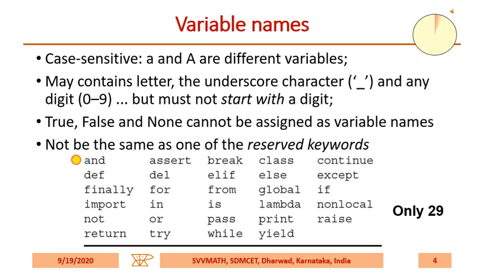Just pause the video and read these 29 reserved keywords. You cannot use these as variables, such as del, from, pass, print, etc. Just read these, you can pause the video and try to understand.